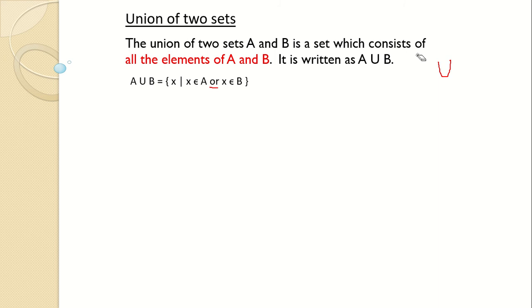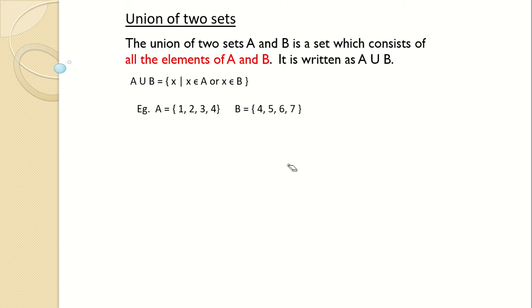So let us understand with the help of an example and the Venn diagram what is meant by union. Here an example is given. Set A has elements 1, 2, 3, 4, and set B has elements 4, 5, 6, 7. Now we will write all these elements together.